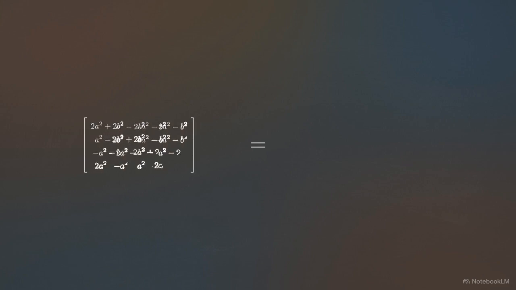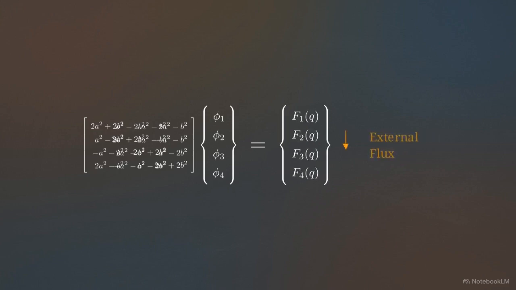With both halves of the integration evaluated, we can recombine them into a single mathematical statement. On the left side, we have our 4x4 stiffness matrix, mapping the element's geometric resistance to the unknown nodal potentials. On the right side, we have the corresponding load vectors representing the external boundary flux conditions.